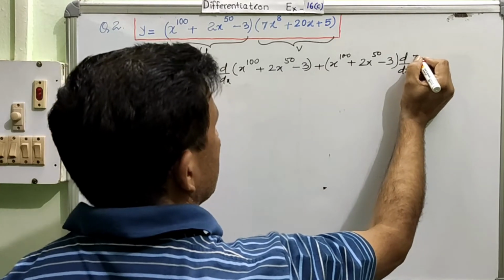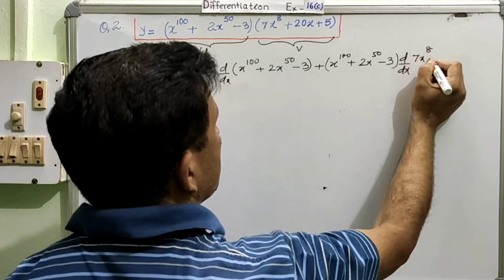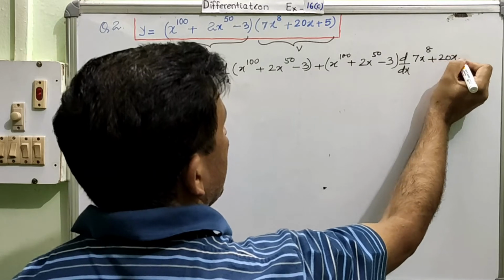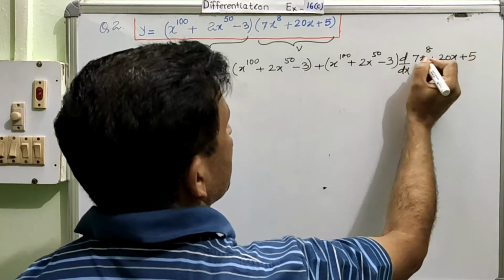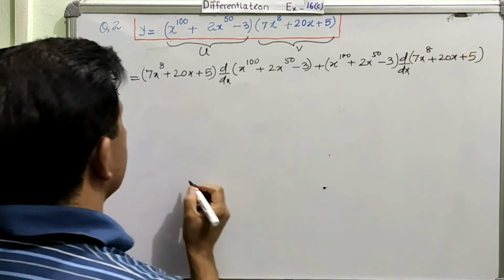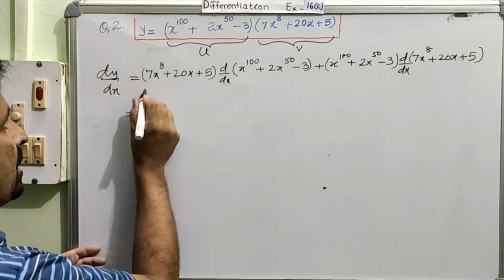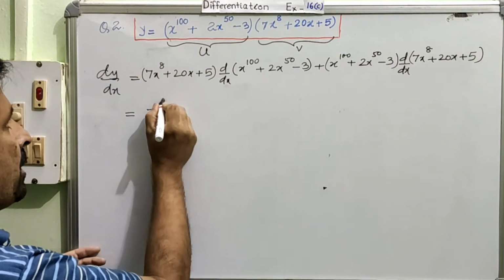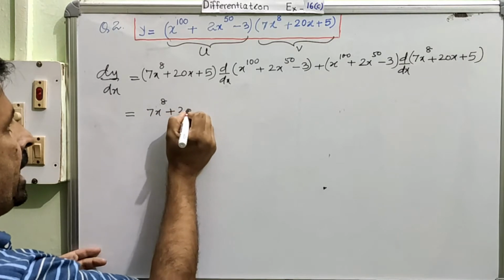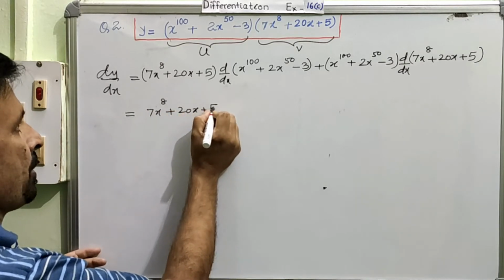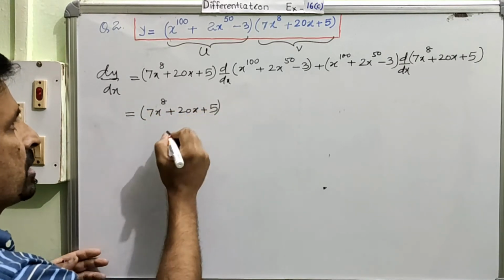So that is 7x to the power 8 plus 20x plus 5. Hope now you will be getting a very clear picture. So the first function will remain as it is, 7x to the power 8 plus 20x plus 5, because we are not applying any differentiation rule here. So it is as it is.